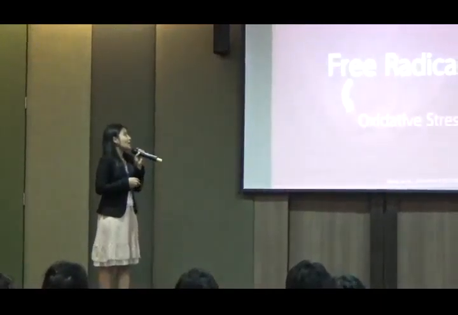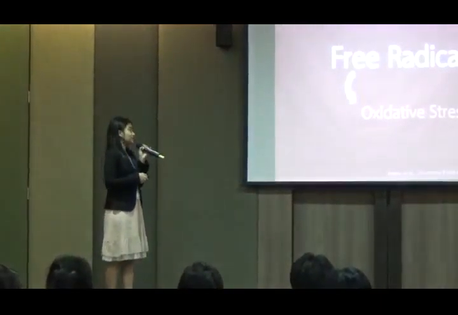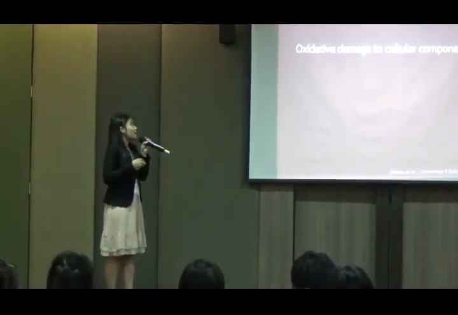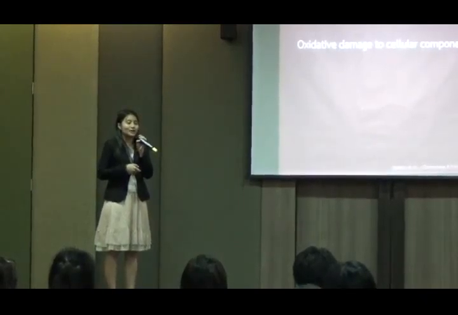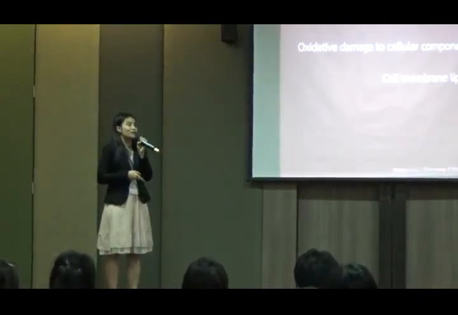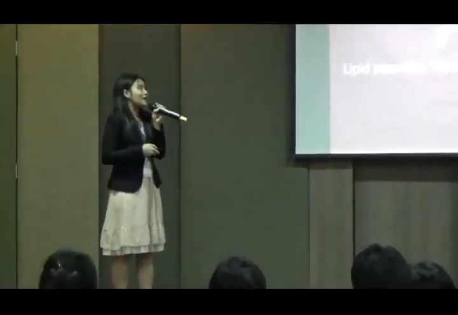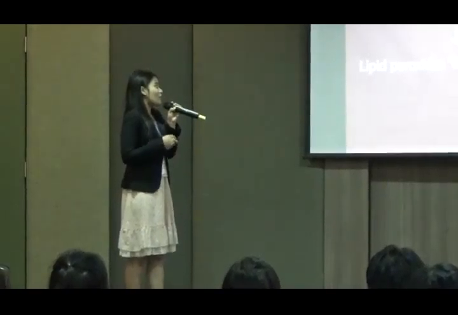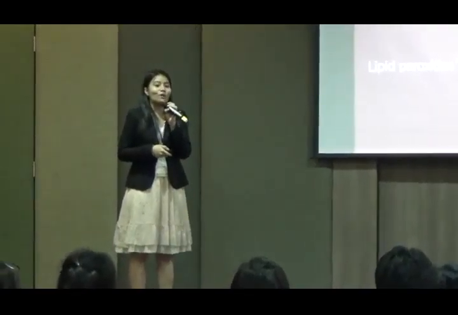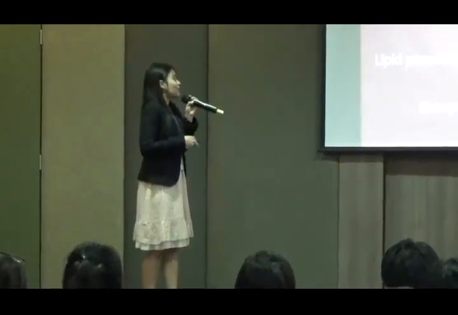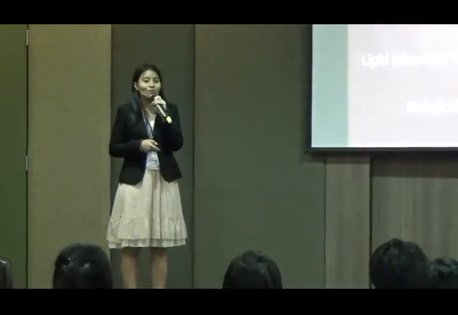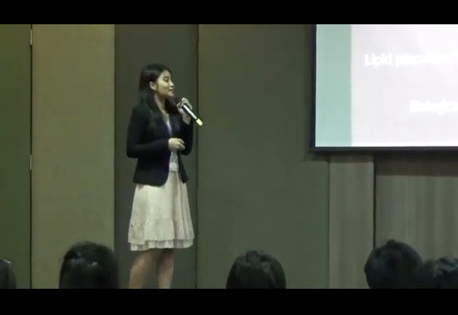But whenever free radicals exceed the capacity of antioxidants, oxidative stress occurs, which can cause oxidative damage to cellular components, including the cell lipid bilayer membrane. These cell membranes are oxidized to lipid peroxide called malondialdehyde, or MDA, which can be used as a biological marker to measure lipid peroxidation.